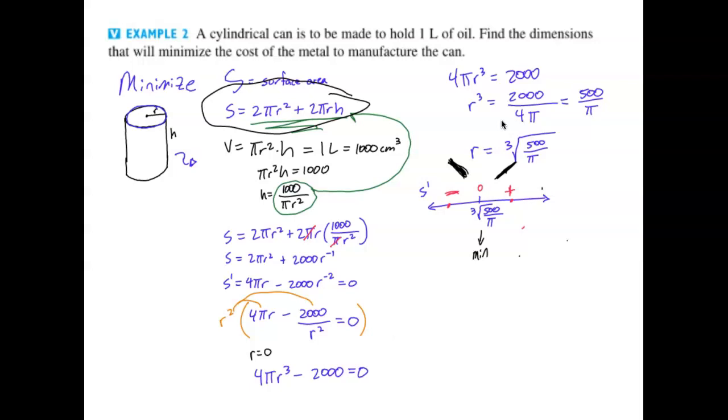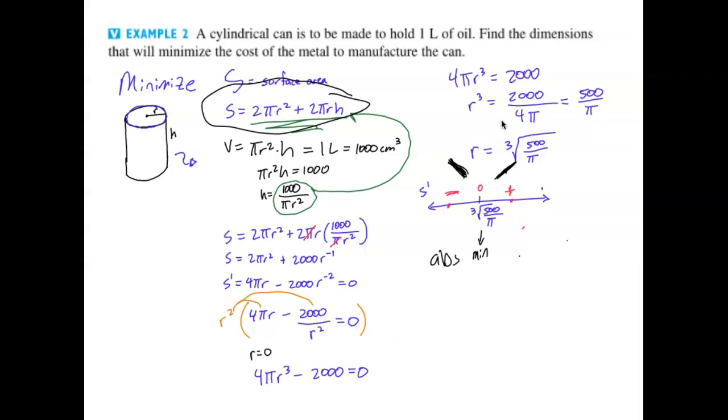But just like before, the critical values of the endpoints, the smallest the radius could be is 0. That produces a degenerate cylinder, meaning a cylinder that technically has a volume of 0. And the biggest the radius could be, it's unlimited. It could technically, we could continue to get the radius to be infinitely large, but that would also create a degenerate situation because as the radius gets bigger, the height would have to shrink to 0. Does that make sense?